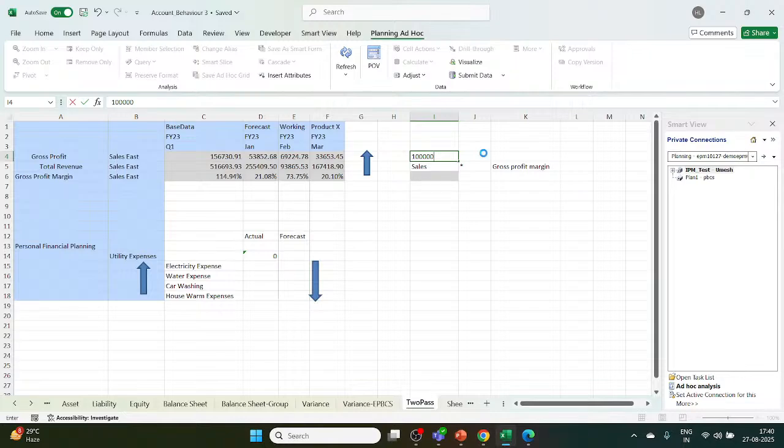And once we multiply it, then the value would be on the gross profit margin, like 20%. 20% is our gross profit margin here.